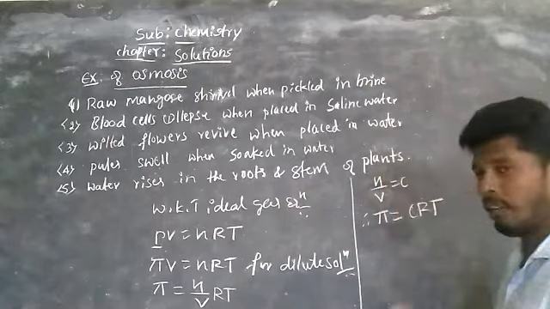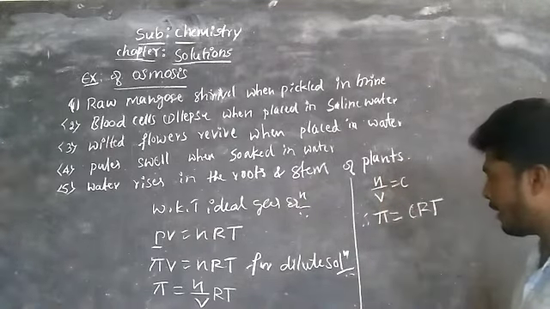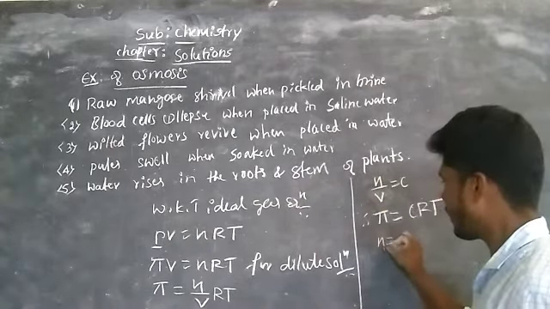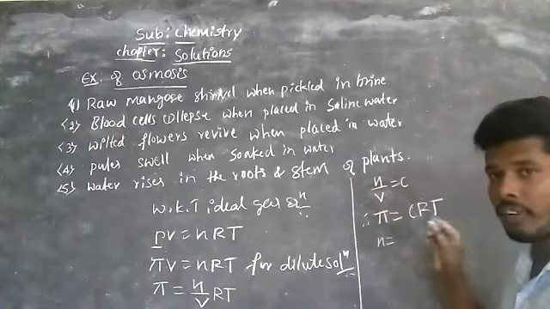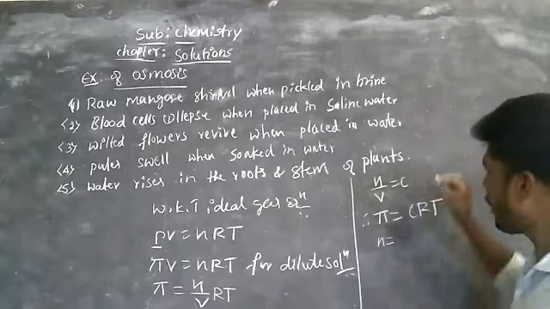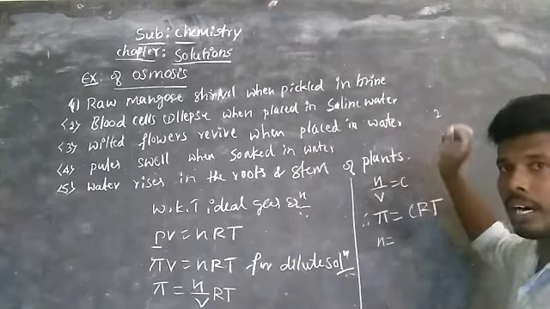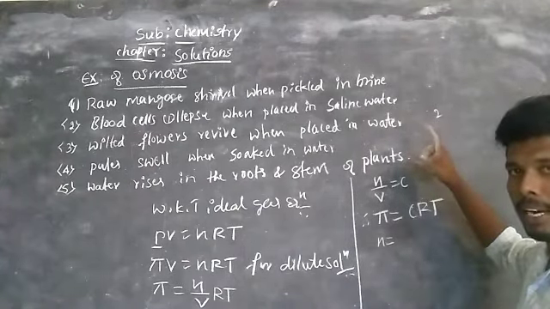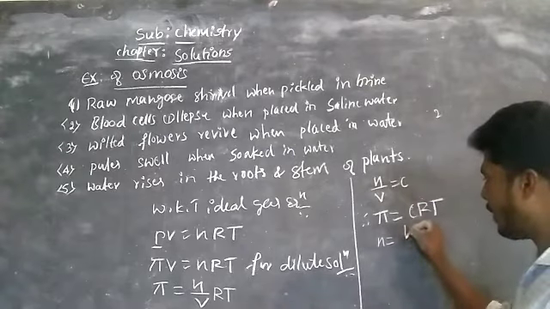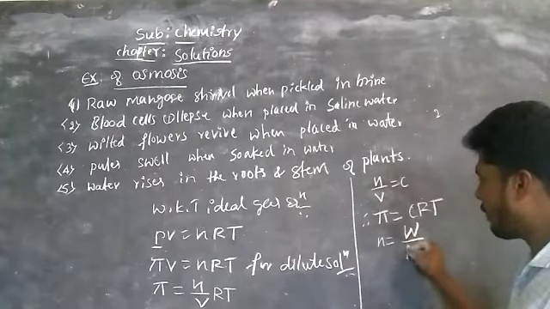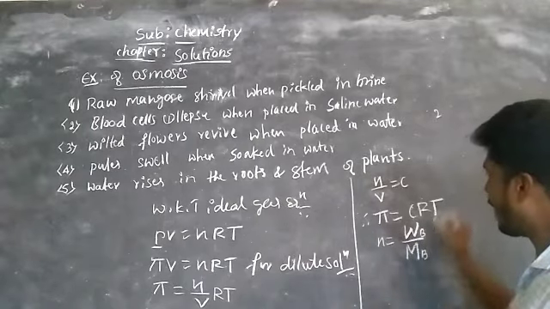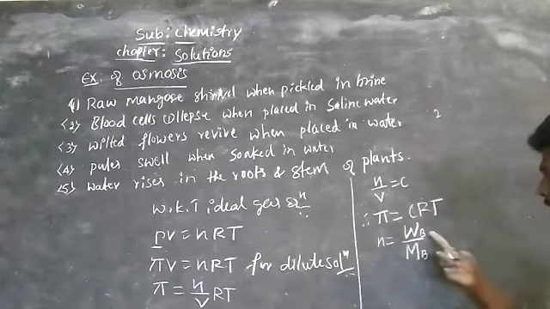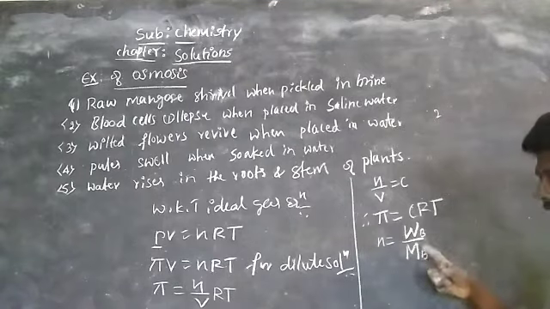And n is the number of moles, that is weight divided by molecular weight of the solute. So you know, the solute is represented as 2, or we take it as component B, right? Therefore for the solute, that is weight divided by molecular weight, W divided by M. So here take B for solute, or take 2. This is the n value, that is weight divided by molecular weight.